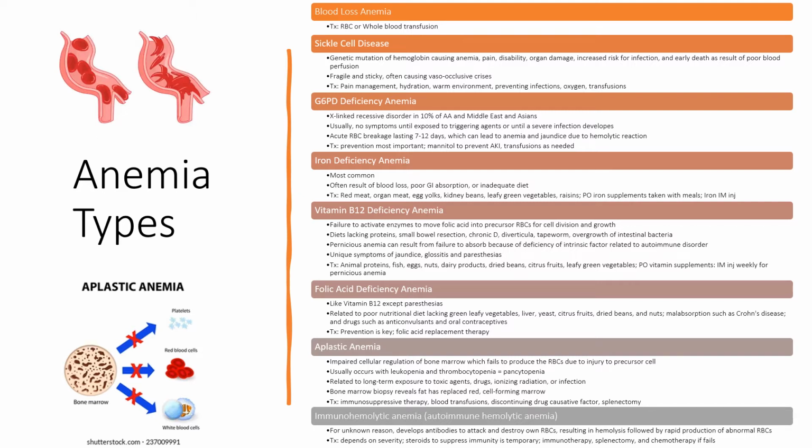So preventing them from clumping and preventing them from sickling is our goal. Staying hydrated and oxygenated are our two main goals in prevention. After it's already occurred, our goal is pain and perfusion. Pain is first.